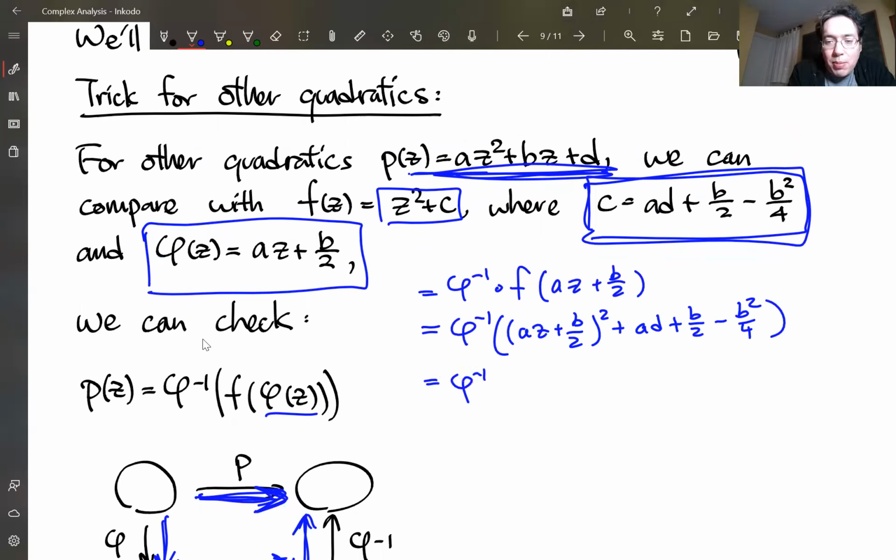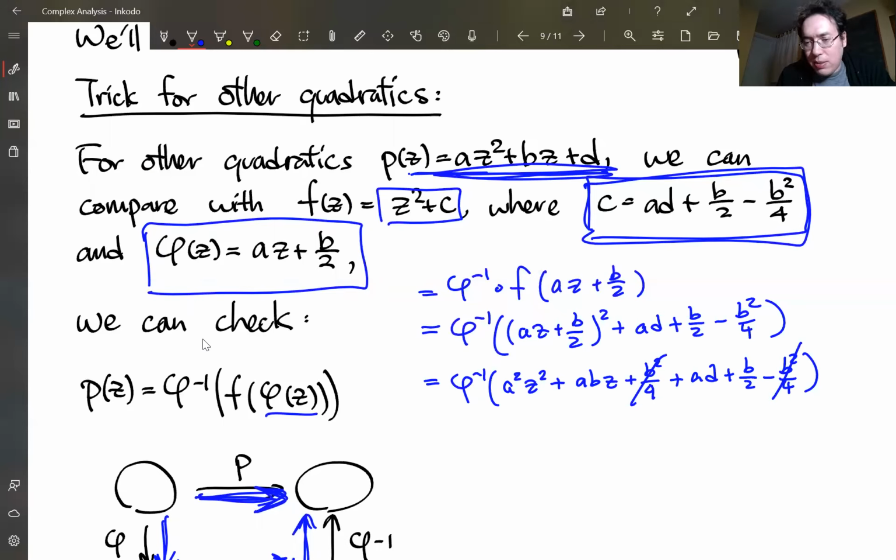Let's simplify that a little bit. If I square this out, this is what I get. And I still have ad plus b over 2 minus b squared over 4. Notice that the b squared over 4, at least those two will cancel out. We need to figure out what the inverse of phi looks like.